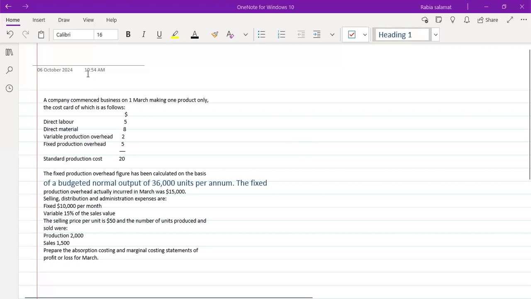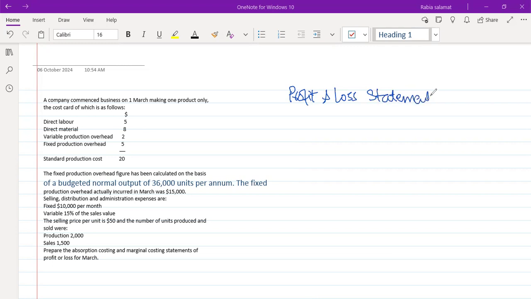Now we will calculate the profit and loss statement. Before the profit and loss statement, you have to calculate the cost of sales.